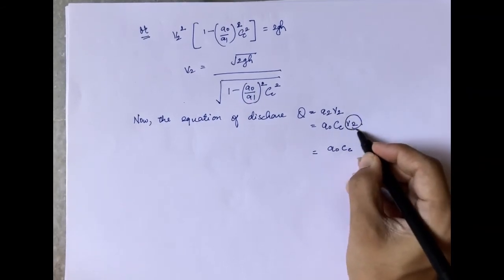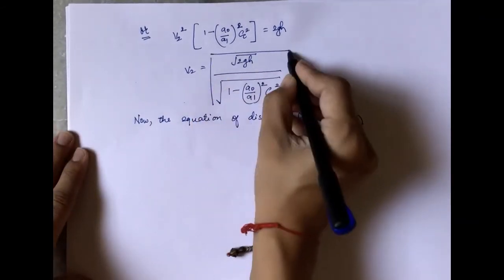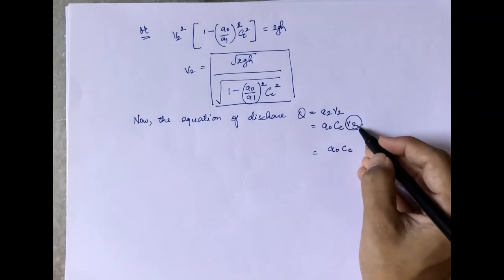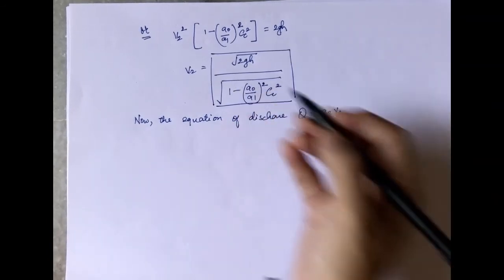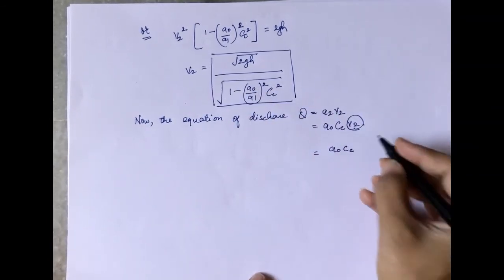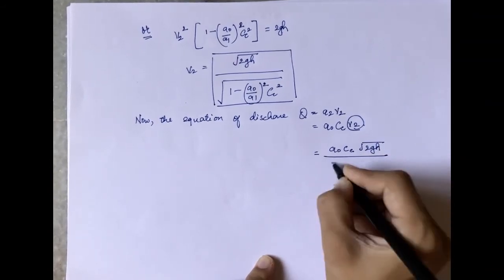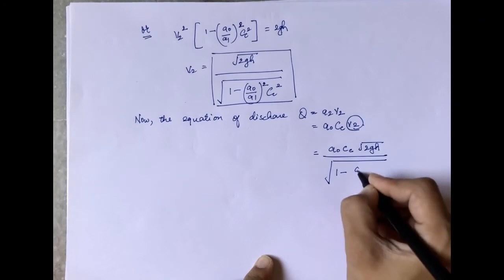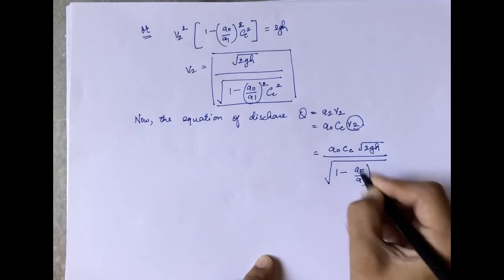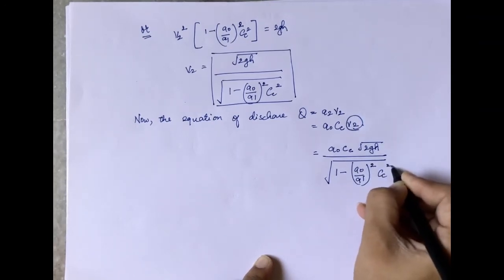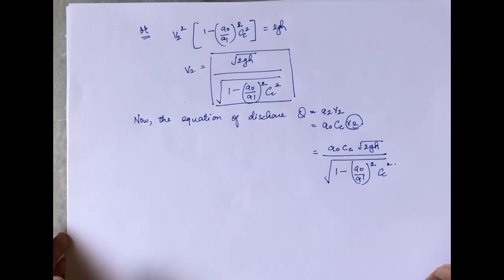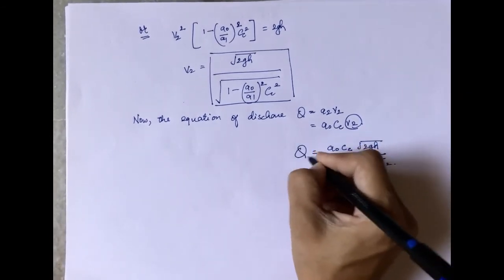Instead of V2 we substitute this value. So Q is equal to A0 Cc under root of 2gH upon under root of 1 minus A0 upon A1 whole square into Cc square. That is the value of discharge Q.